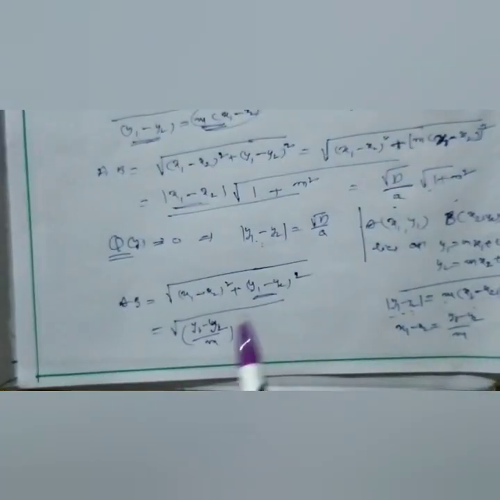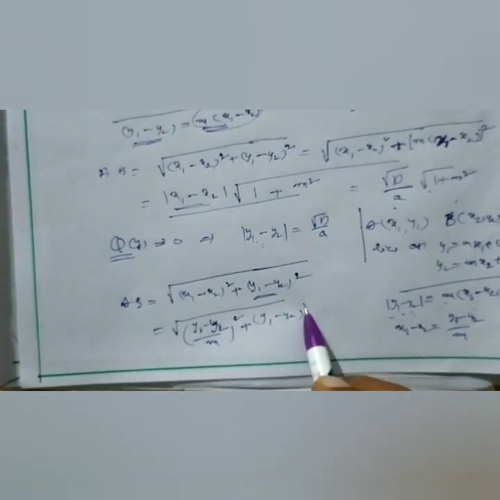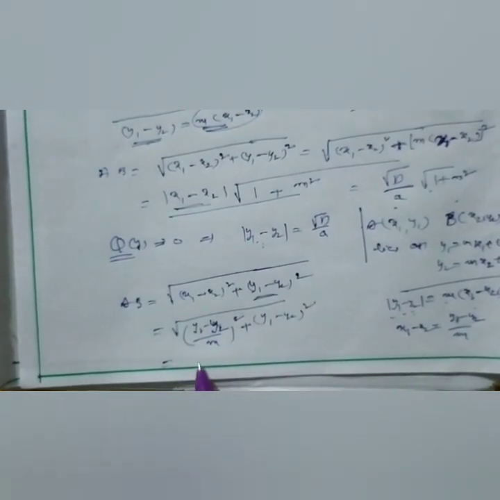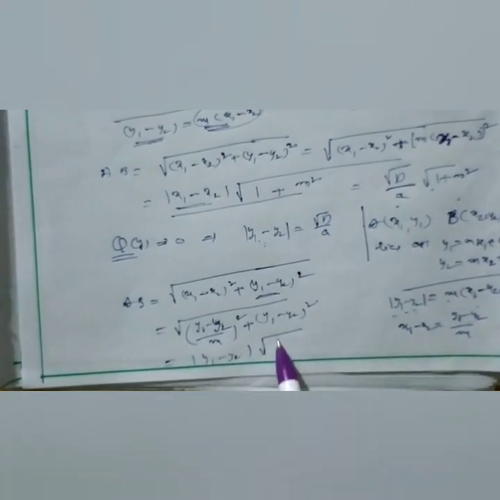So y1 minus y2 by m whole square plus y1 minus y2 whole square equals modulus of y1 minus y2 into square root of 1 by m square plus 1.